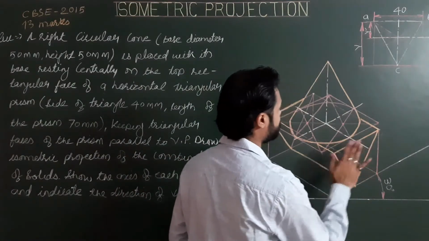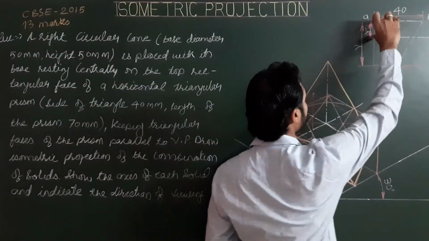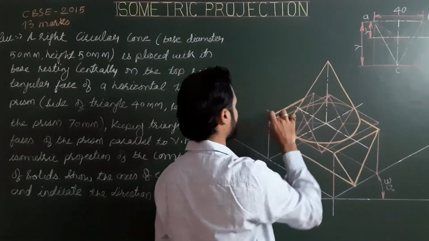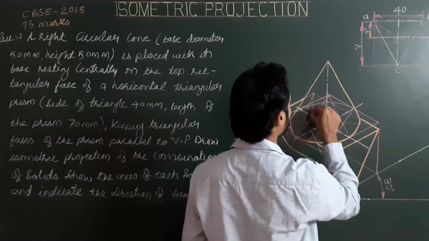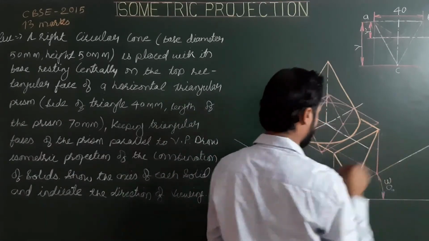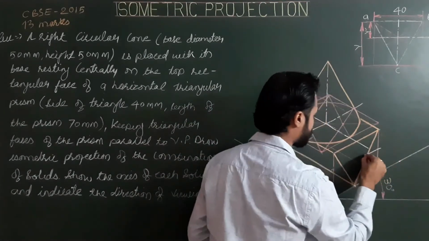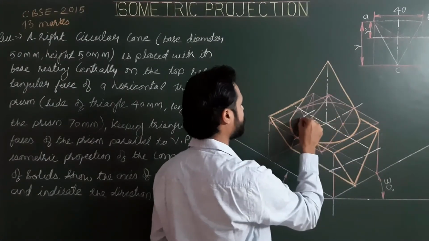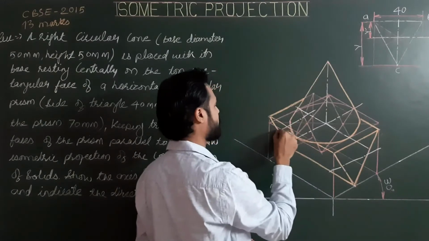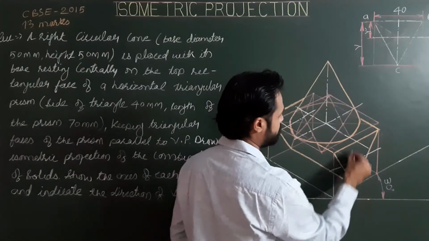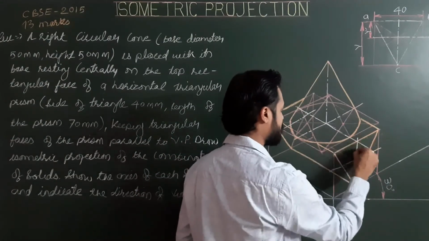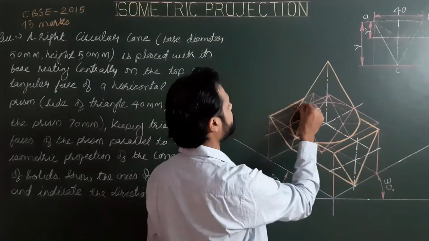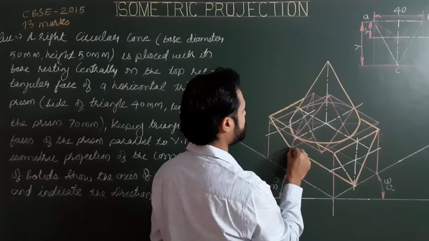For locating the center of this triangular base, this is the distance from the upper base. This is the distance from the upper base. And from the midpoint of this side to the last corner.